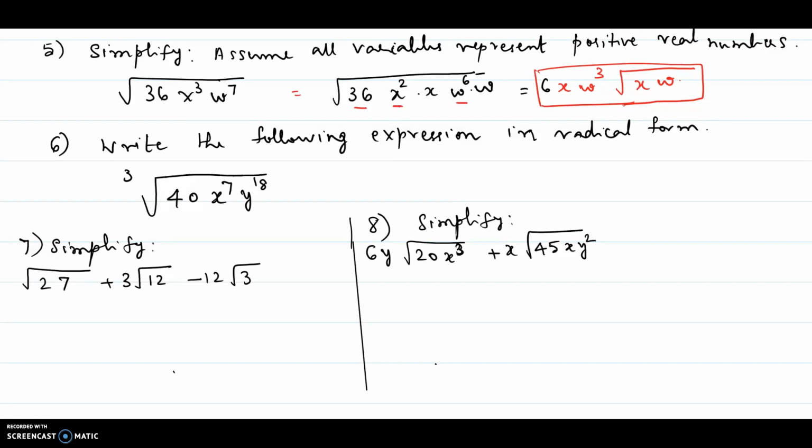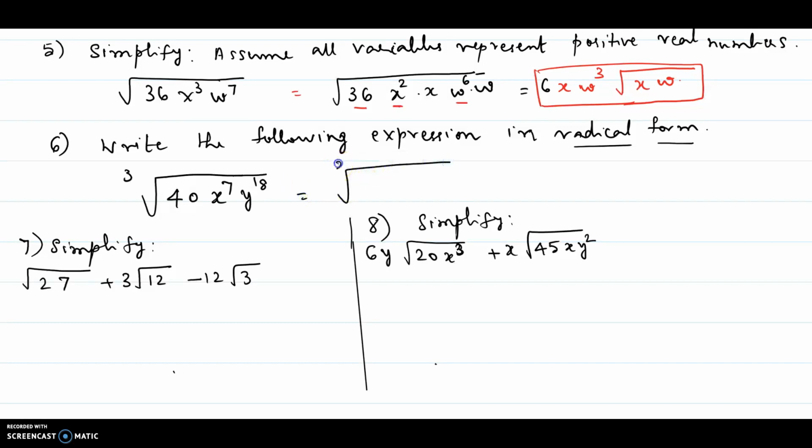Problem number 6. Write the following expression in radical form. It's cube root of 40 times x to the power 7 times y to the power 18. Because it is cube root, we are going to write every term inside, if possible, as a cube number times another number.